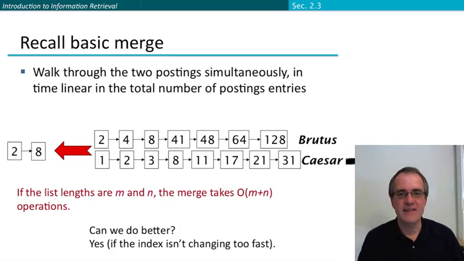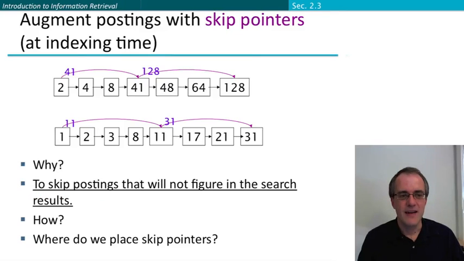And the answer is that if our index isn't changing too fast, it's not a very dynamically changing index, then it's profitable to do a bit more work in advance, and yes, we can do better than that. And so how do we do that? Well, the idea is that at indexing time, we augment our postings list with extra pointers, which are referred to as skip pointers.